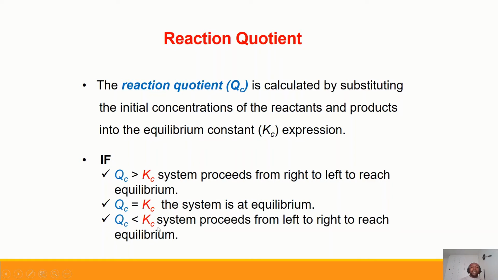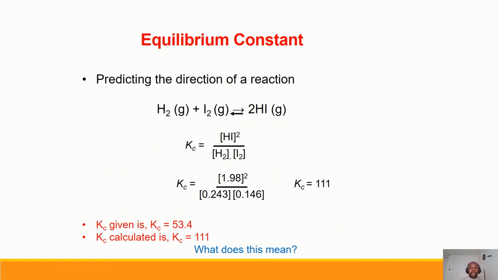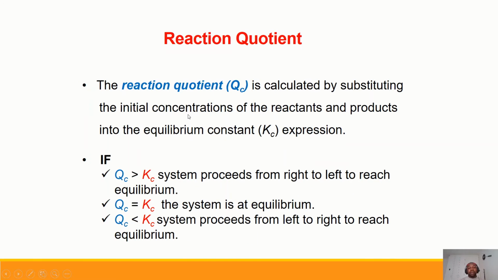And if Qc is less than Kc, that means the system will proceed from left to right. So from the example that we did now, this is going to be the Qc, which is greater. So it's going to proceed from right to left.